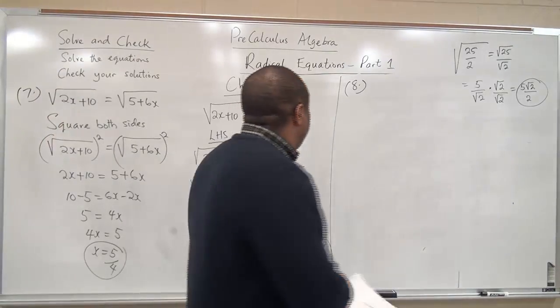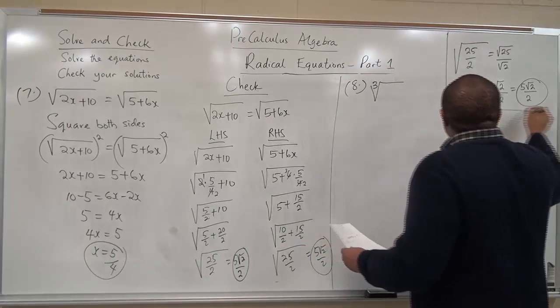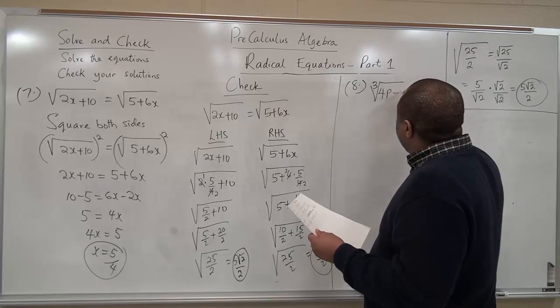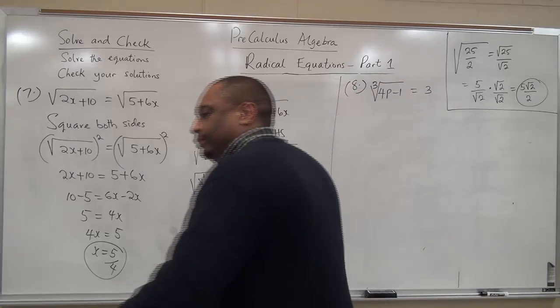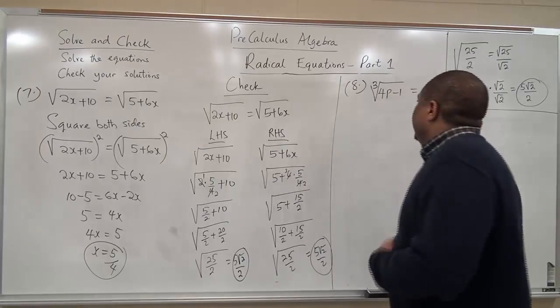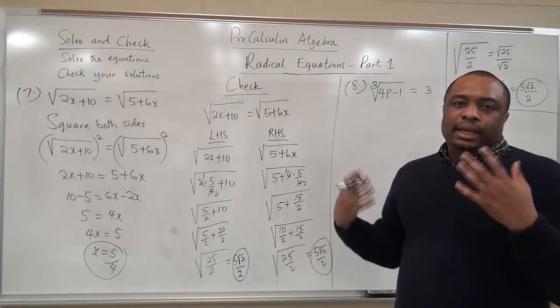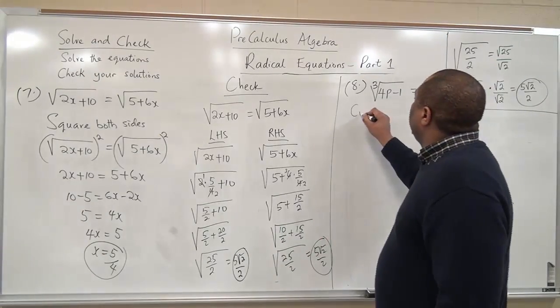Number 8. Cube root. Let's go to cube root. Cube root of 4p minus 1 equal to 3. All right. So just like in square root, we square both sides. In cube root, we do what? Cube both sides.